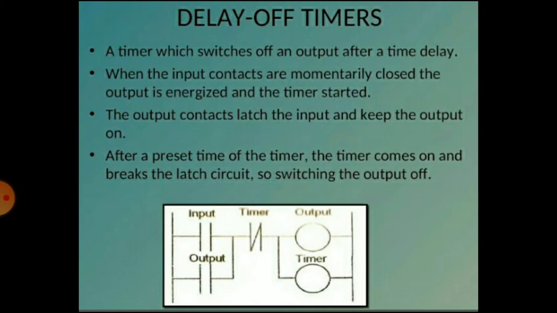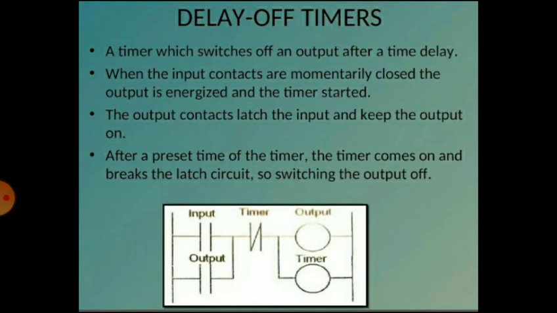Then the next type of timer, that is delay off timers or off delay timers. A timer which switches off an output after a time delay. So there is an output that is going on, and after the preset value the output will be off.